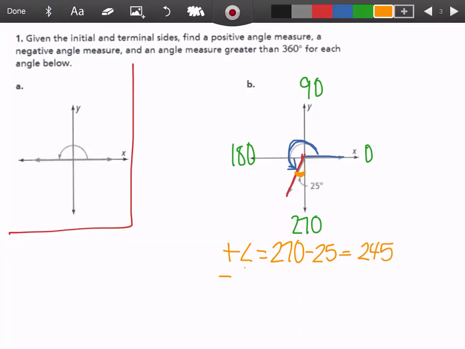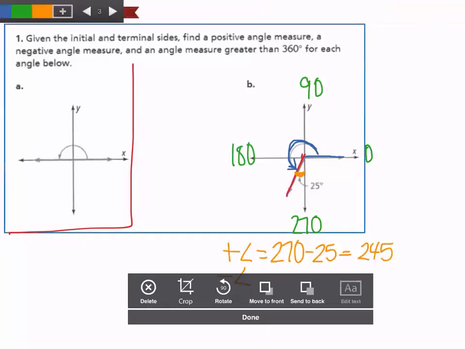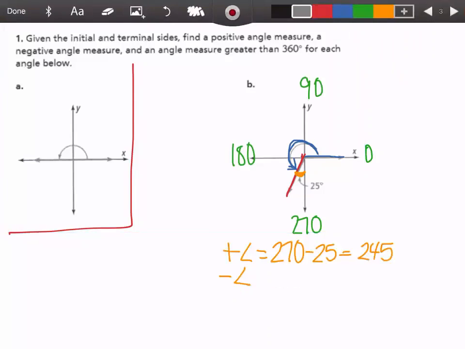And then we also need the negative angle measure, which we have to remember goes in the opposite direction. It starts at the same initial side, but then goes to the terminal side. So in reverse, we have starting at 0, and then going in the opposite direction.